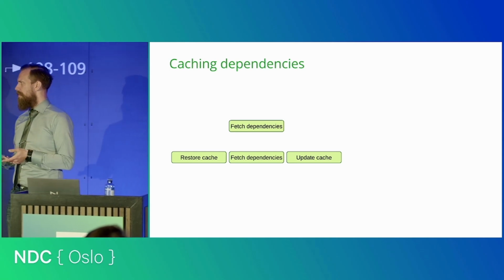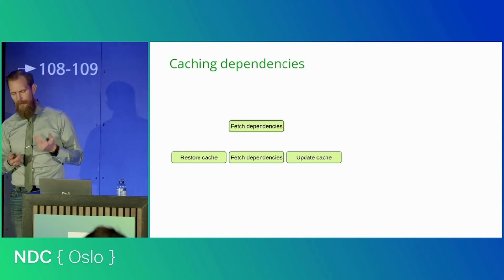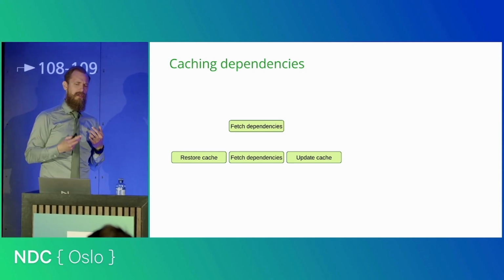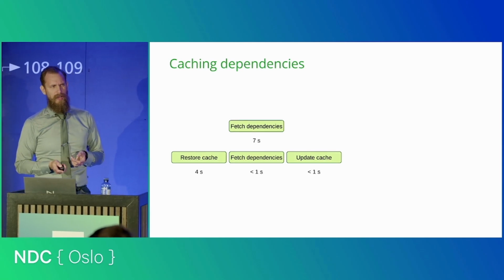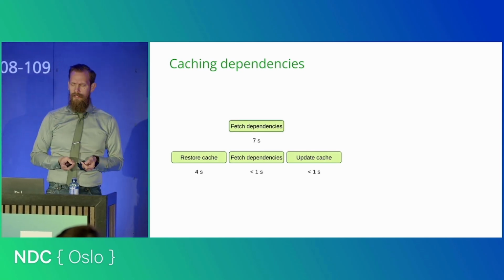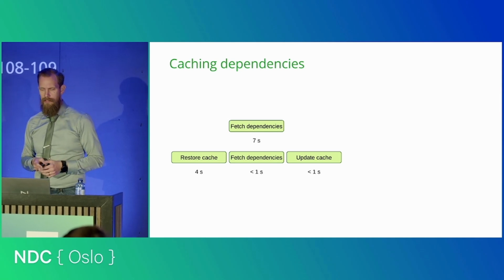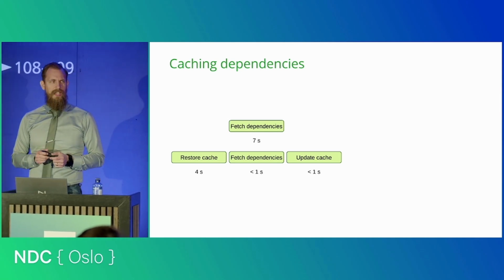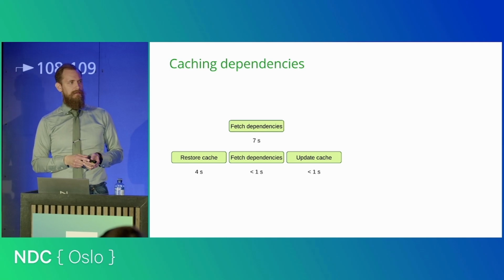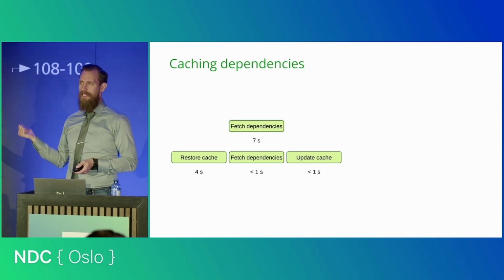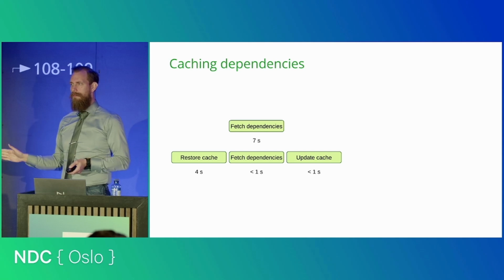The problem with this is that if you're building on speedy servers, they have good internet connections, so fetching dependencies is fairly quick. This Rust application has around 80 dependencies. It takes 7 seconds to download everything from the internet. I mean, even if we could save all those 7 seconds, we've only saved 7 seconds. That's all you can do in this.